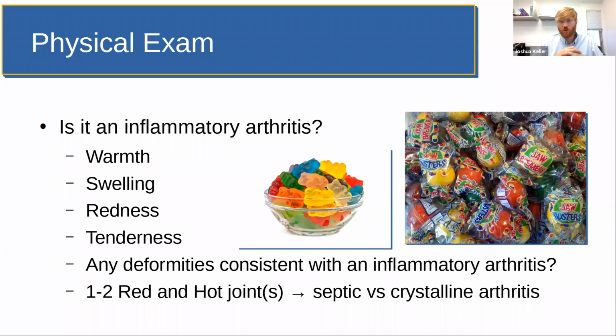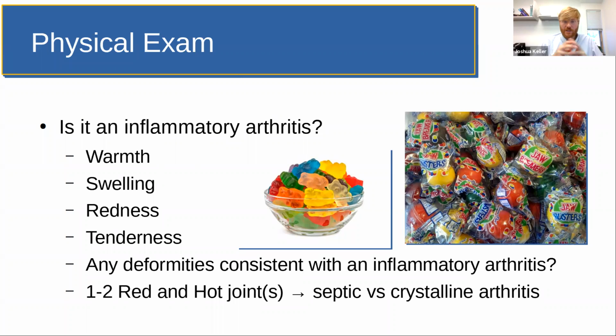And then, are there any deformities? Swan neck deformities, boutonniere deformities, Z deformities, hitchhiker deformities. If you see deformities and the patient doesn't report an injury with a snowblower or something, then you really have to have an explanation for those deformities.